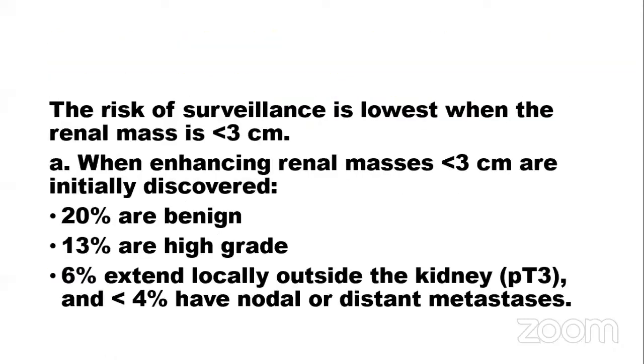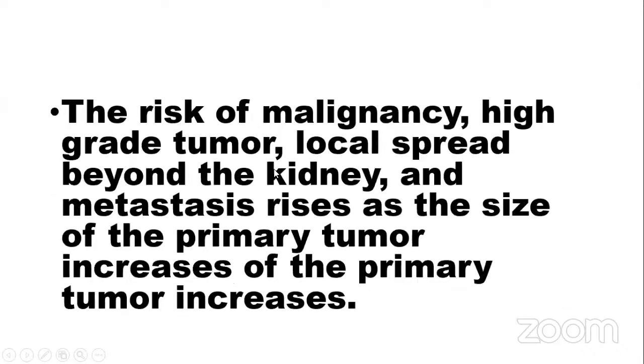In general, the risk of surveillance is lowest when the renal tumor mass is less than 3 centimeters. When enhancing renal masses less than 3 centimeters are initially discovered, 20% are benign, 13% are high grade, 6% extend locally outside the kidney, pT3, and less than 4% have a nodal or distant metastasis.